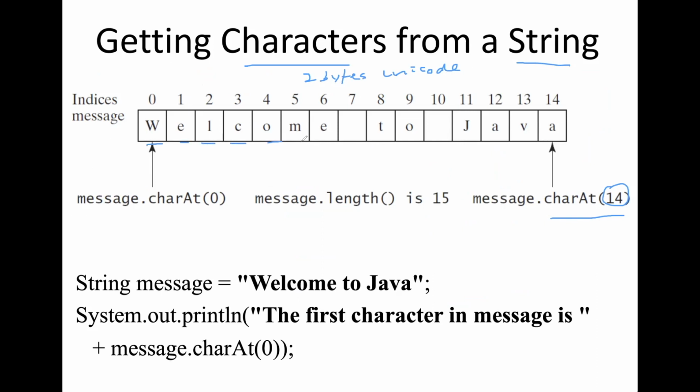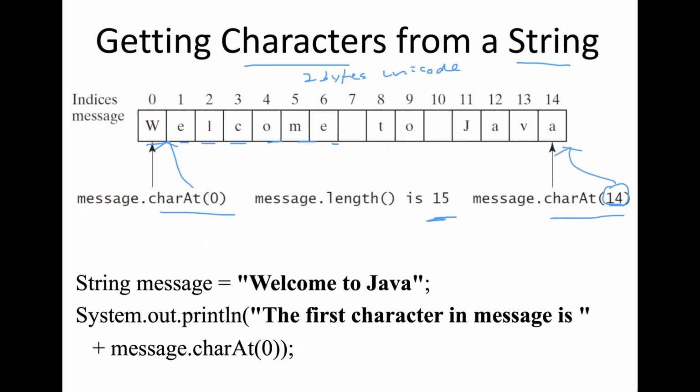Each of these slots is worth 2 bytes, and they store individual characters with index going from 0 all the way through length minus 1. So this "welcome to Java" has 15 characters, and the index location of each of these characters goes from 0 to 14, or 15 minus 1. So charAt(0) is going to give you W, whereas charAt(14), or 15 minus 1, is going to give you the very last character of that string.